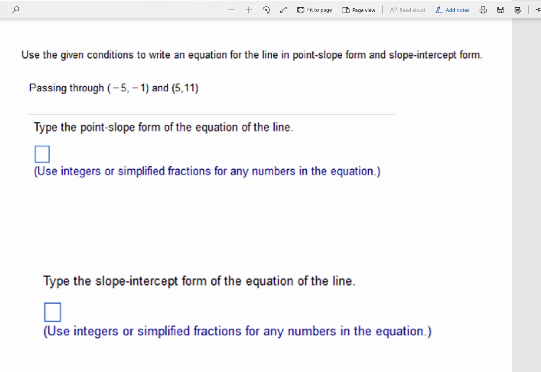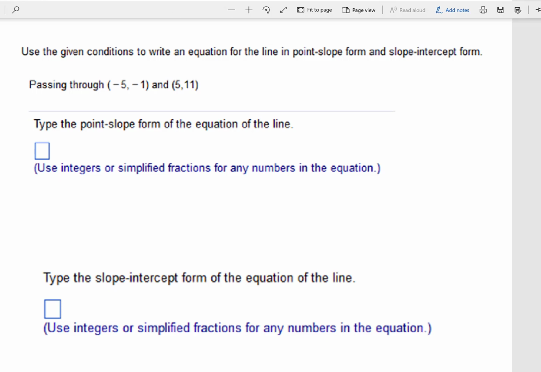Notice in this problem that they give us 2 ordered pairs, but they still want us to write the equation in point slope form. So the very first thing you're going to do is find the slope of the line. Once you find the slope of the line, well, now you'll have the slope, and then you could choose either one of those points to go ahead and fill in the point slope form.